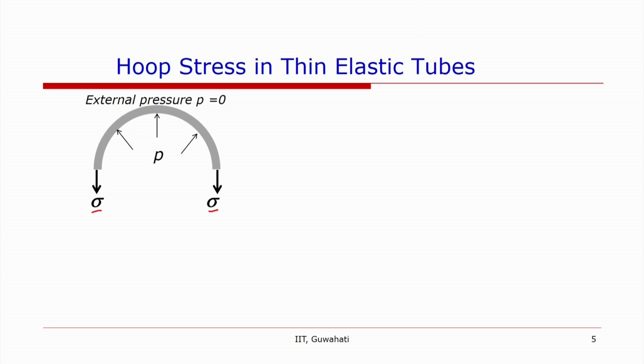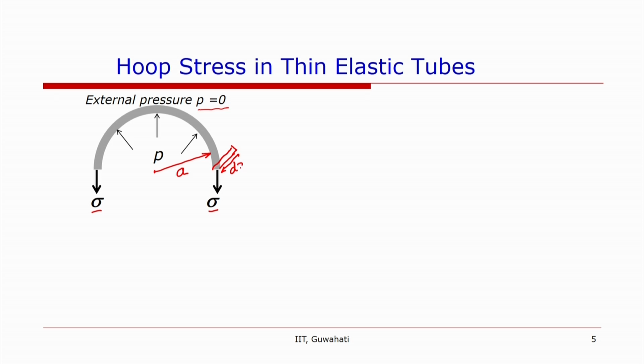So, to simplify our algebra, I have considered the semicircular part of the tube, and as earlier, we consider that the external pressure on this is equal to 0. The radius of the channel, let us say, is A, and the small length of this channel that we consider is, say, dx.